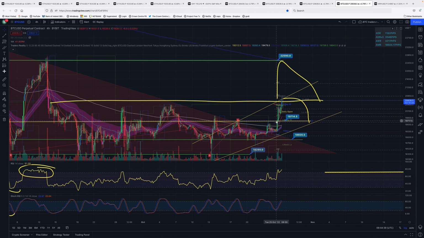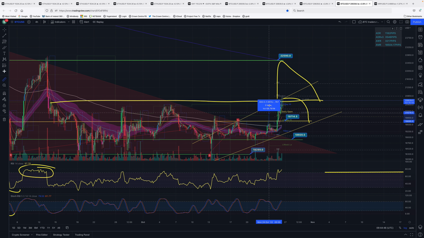But if you are here at 19,500 and you put your DCA here, you will be gaining 7%. So if you put the same amount, your entry point will be up to here, 21%. And I know that sounds, this used to be how I used to trade.